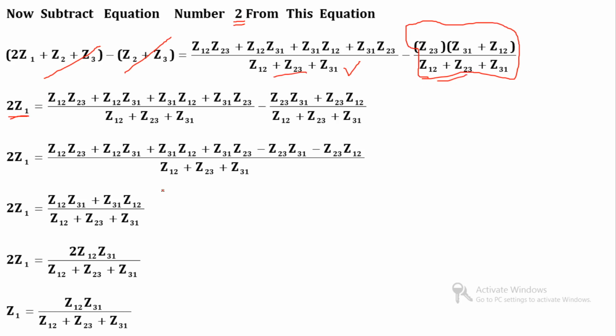So this is the common denominator between the two terms, and it stays the same as it is.